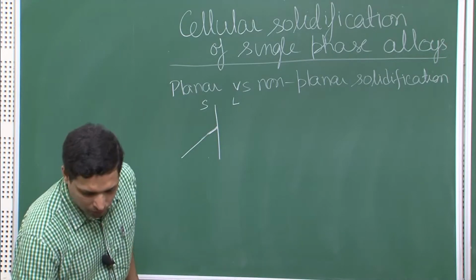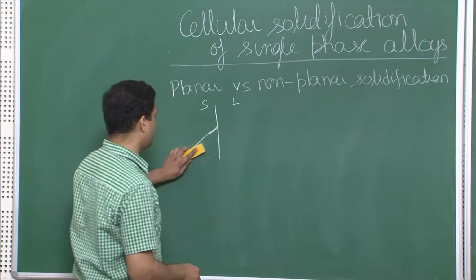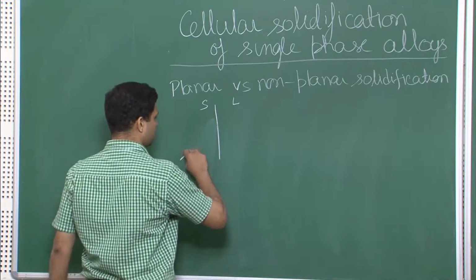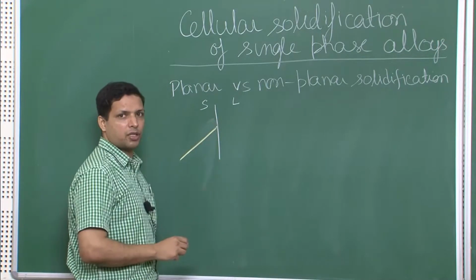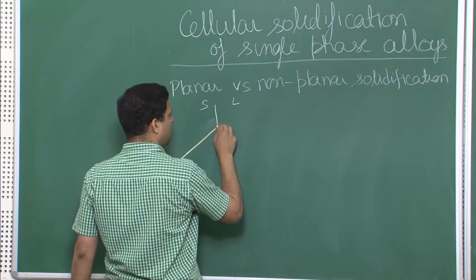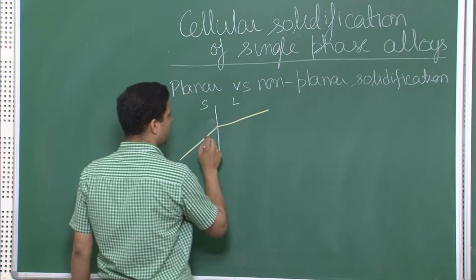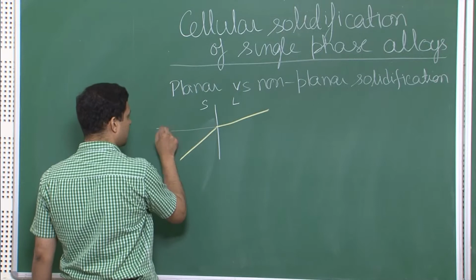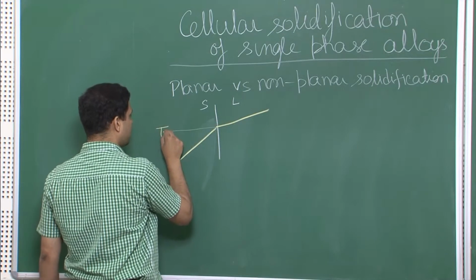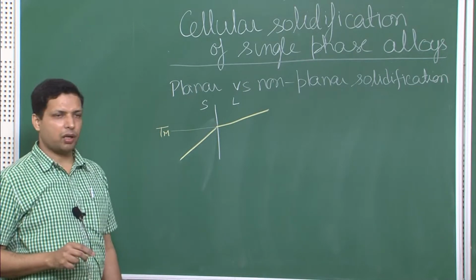This is the temperature profile in the solid, and this is the temperature profile in the liquid, and at the interface it is very close to Tm, the melting point.